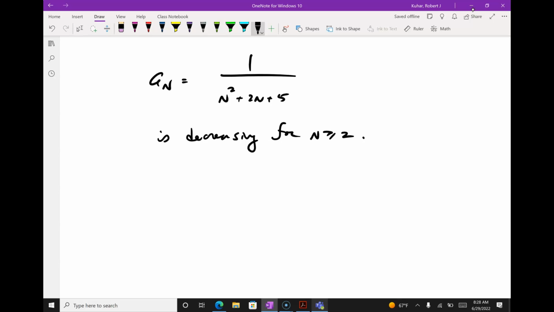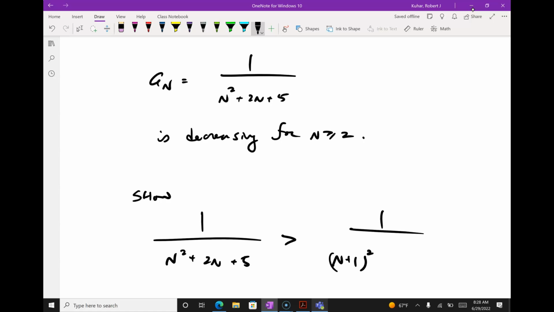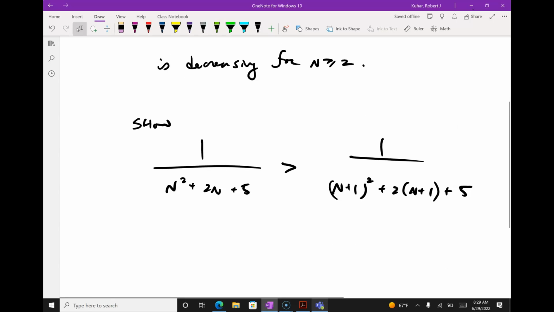Or I could show this. I think the derivative is easier, but this is an option if you somehow forgot how to take a derivative. Doubtful, right?